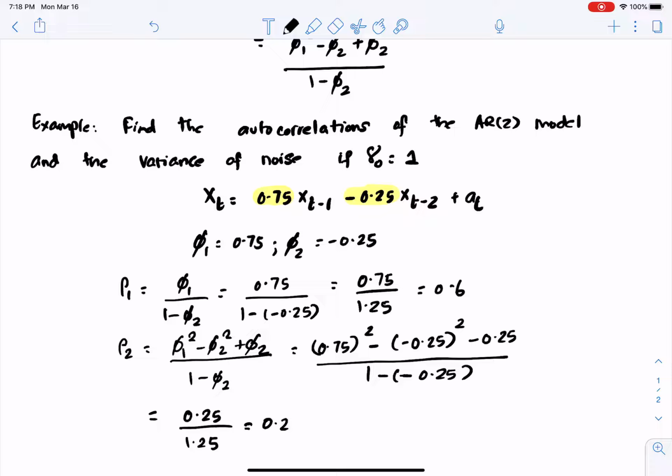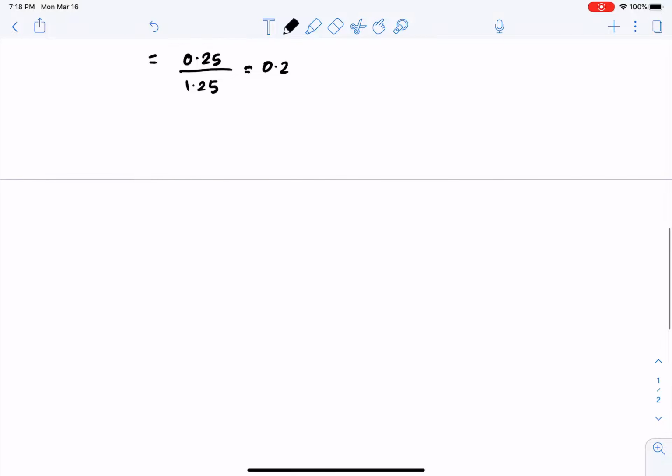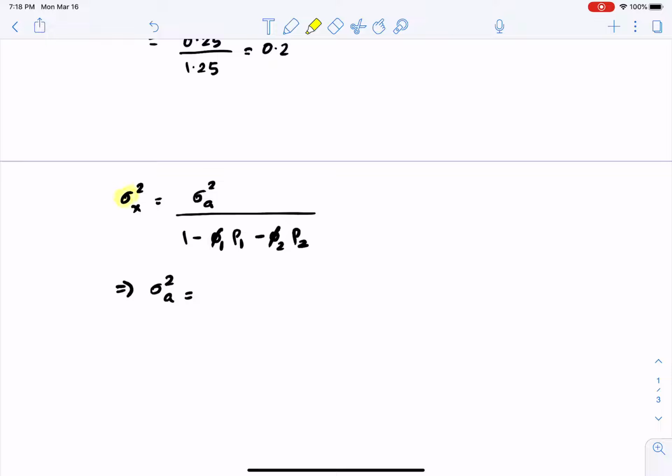So that said, we can now find the variance of the noise, so we have our usual formula. Sigma squared x is equal to the variance of the noise divided by 1 minus phi1 rho 1 minus phi2 rho 2. Since the value of sigma squared x is 1, we have 1 times 1 minus phi1 rho 1 minus phi2 rho 2.